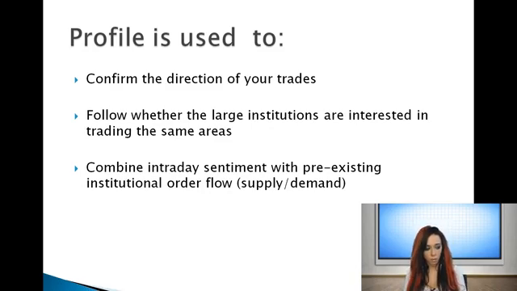When you have your supply and demand and conterminous lines off of higher time frames like H4 and daily and weekly charts, and you know where your previous swing Q points are, then and only then, if you also see that the value area and market profile agrees with your analysis, this will give you a lot more confidence in the direction of a trade. But it should not be used to enter positions just purely on the basis of market profile. I cannot stress that enough.